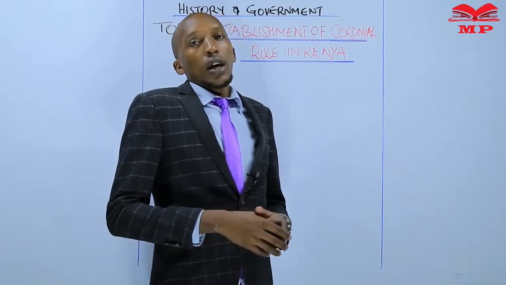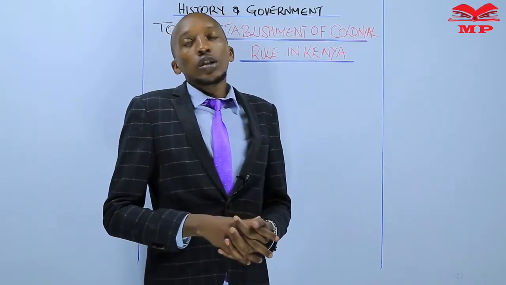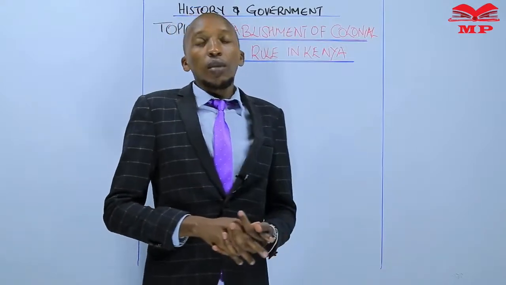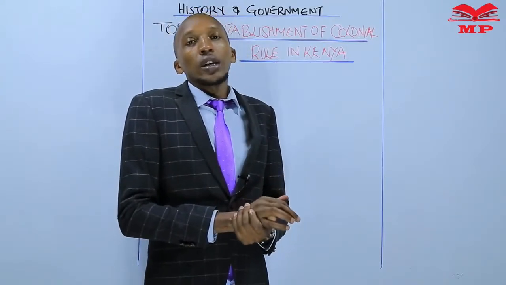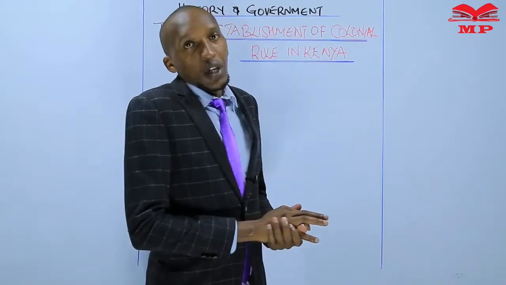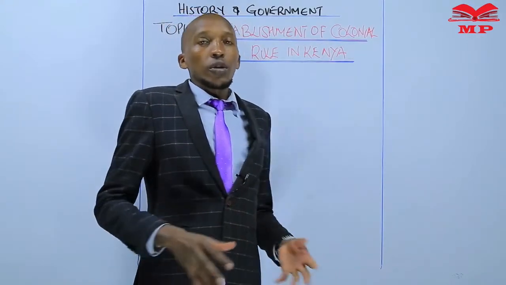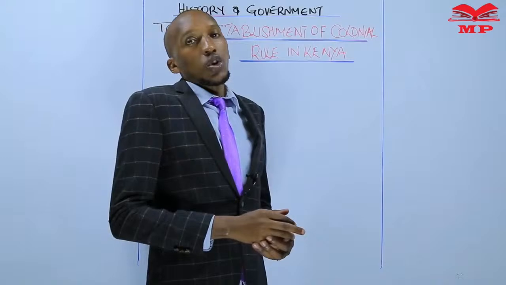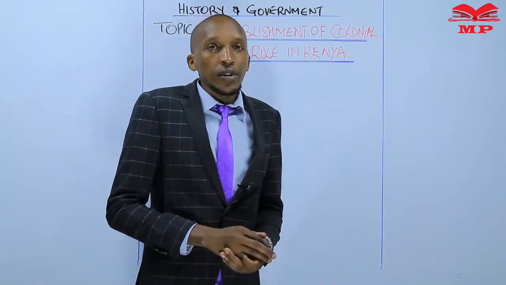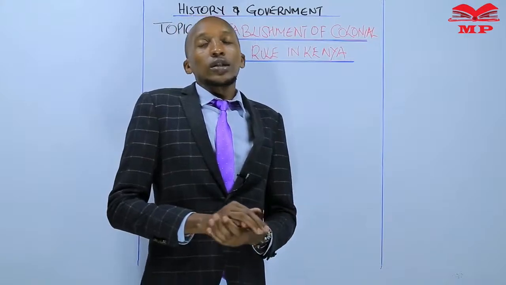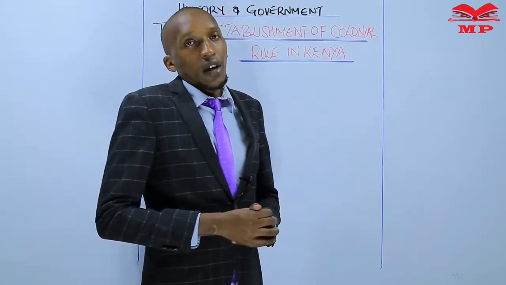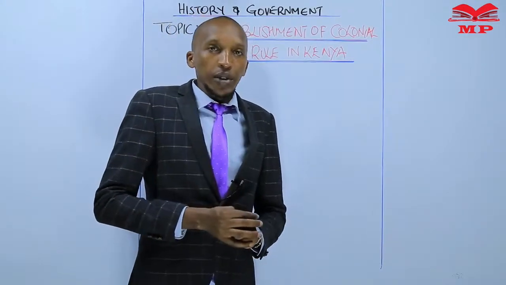We also learned that they used company rule to establish their rule. Which company was used by the British to establish their authority and control in Kenya? I hope you are able to remember. We said it is the Imperial British East African Company.